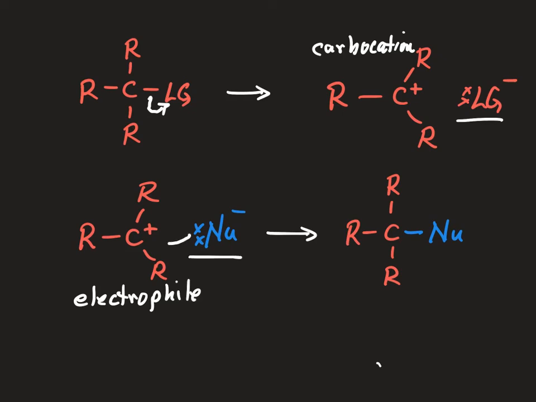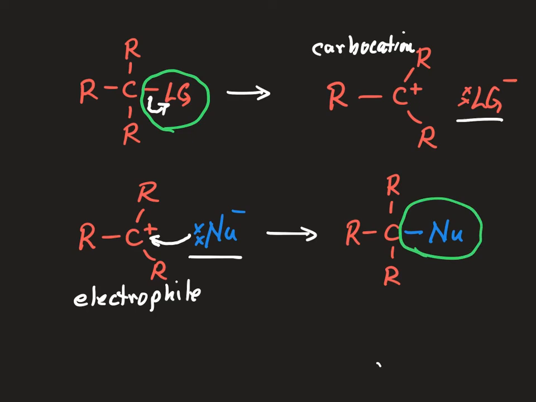And so the nucleophile can donate its electrons to that electron deficient carbon in the carbocation to create a new bond, right? And so the substitution occurs in two steps. The leaving group has to leave on its own first, and then the nucleophile can come in to replace it.